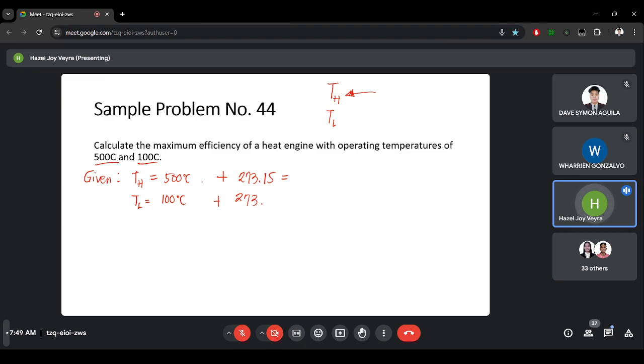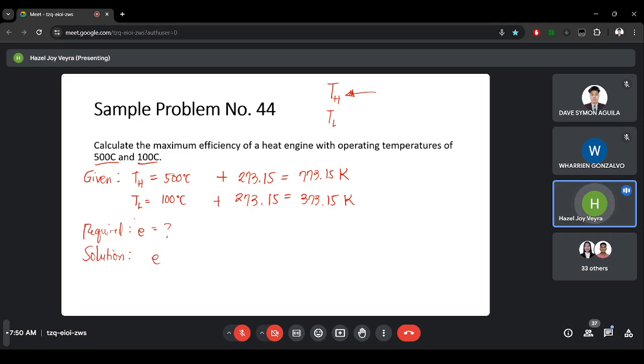So what is our T sub H in Kelvin? 773.15. And what is our T sub L in Kelvin? 373.15. Okay, and the required parameter is the efficiency. We are now going to proceed with the solution.